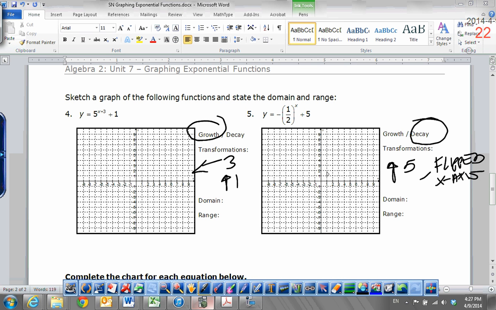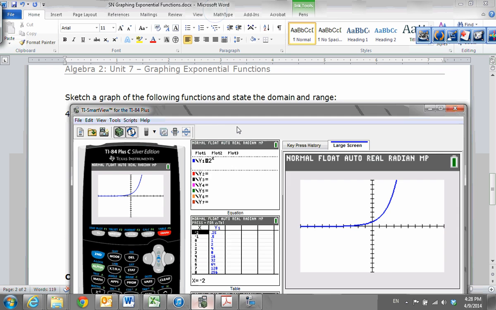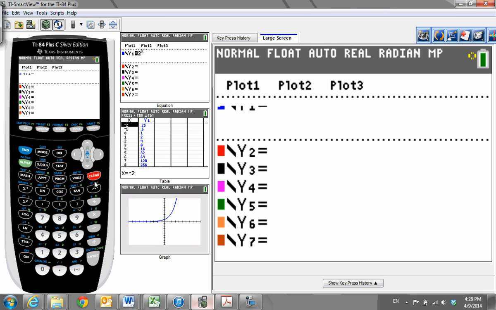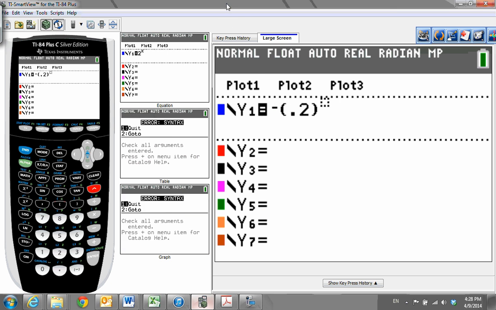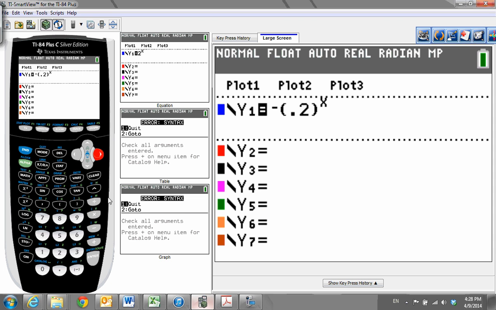So what I would recommend doing is putting this in your calculator, and just be cautious with all your signs. So I would do negative and then in parentheses 0.5 to the x, and then plus 5.